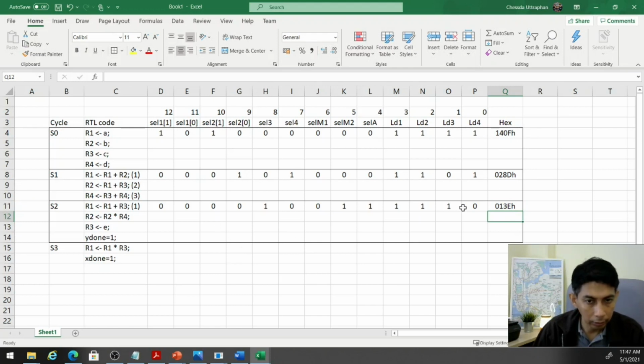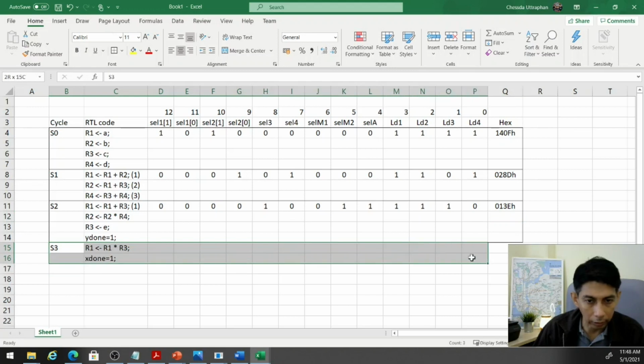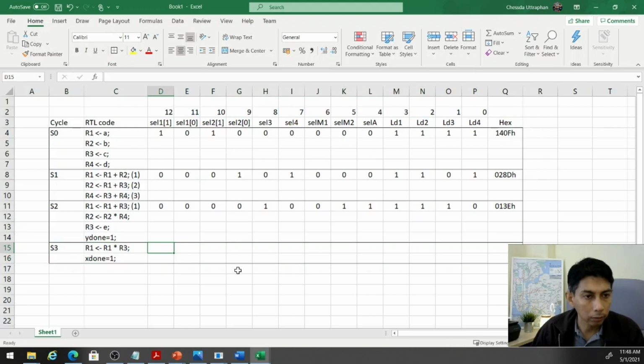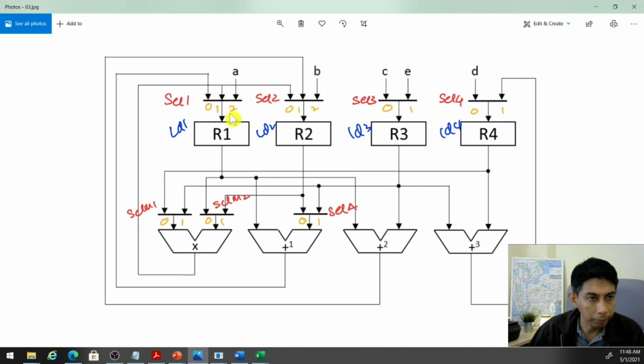All right, and we have the last one actually, S3. For the last one, we will have this operation R1 multiplied by R3, and save the result in R1. So again, LD1 must be 1, right?